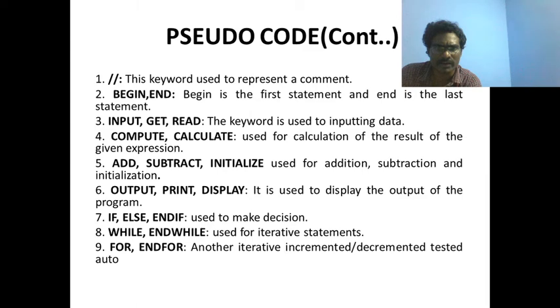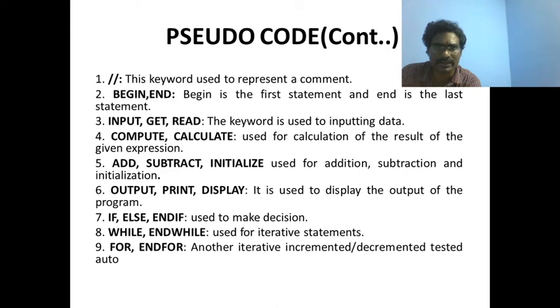So what are the keywords we use in pseudocode? If you need to represent a comment, then we need to use /:. For begin and end, for starting the statement and ending the last statement, we use begin and end. Input, get, and read are keywords used for inputting data.